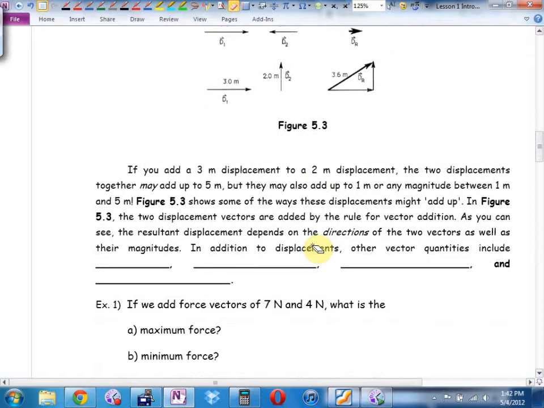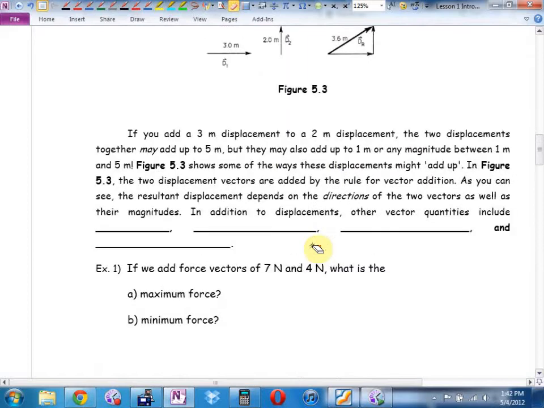In addition to displacements, what are some other vector quantities that we know of? Ben, velocity. What else? Acceleration is a vector, although we're kind of sloppy with that one, but yeah. What else?